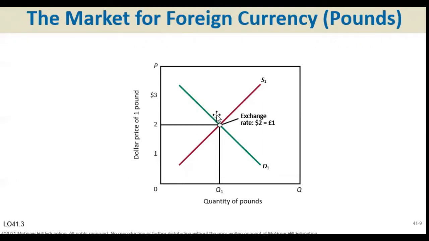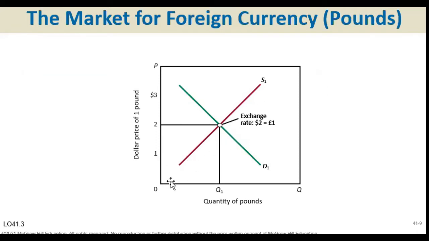So in this graph, you see that the demand for pound curve is downward sloping, meaning that as the pound becomes less expensive in terms of dollars, more British goods and services will be purchased since they will be cheaper.